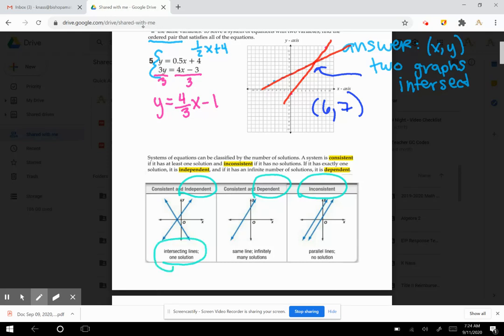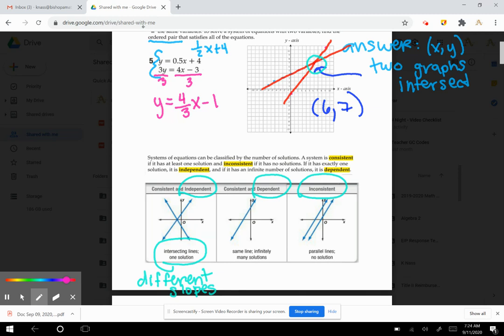It intersects once. So that's my one solution, okay? To note this one, this has different slopes.